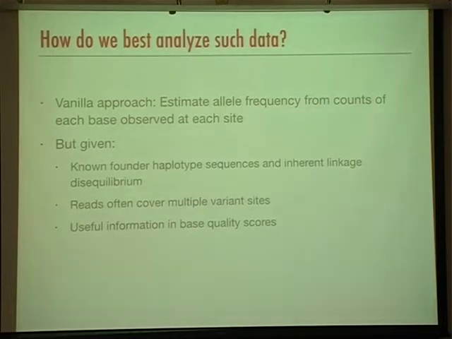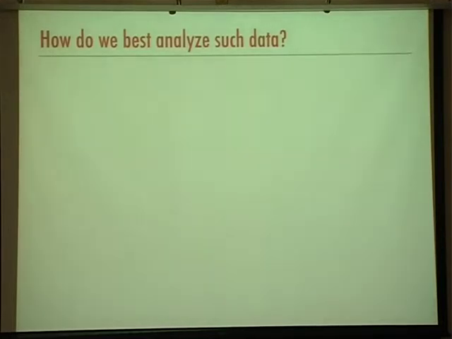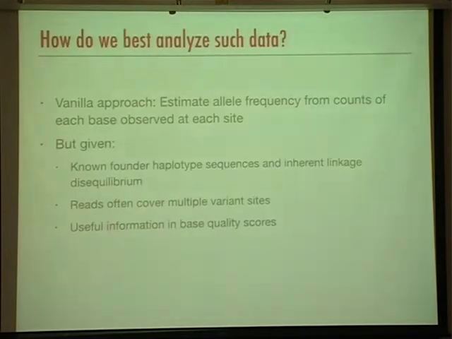So first off, you have the known founder haplotype sequences, because the study began with 162 lines that were fully sequenced. So you could use that to help guide the interpretation of the data. And then the reads themselves are long enough that sometimes they actually have multiple mutations within them.